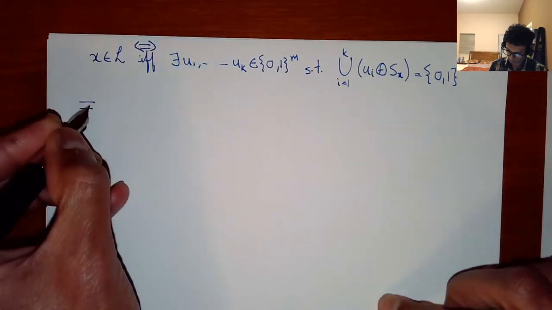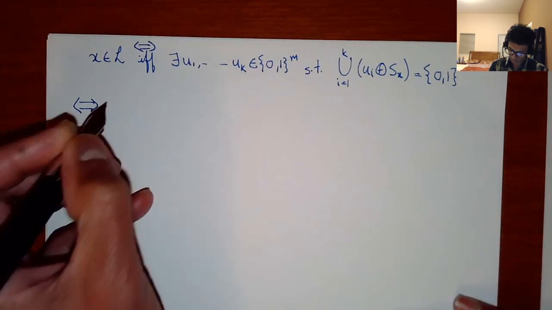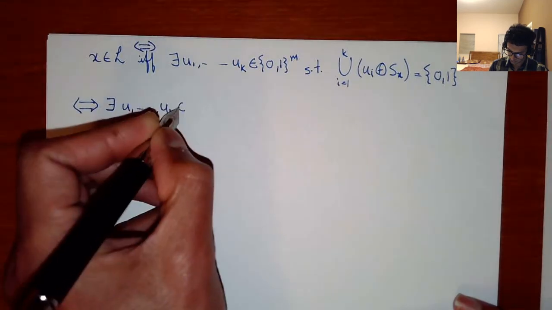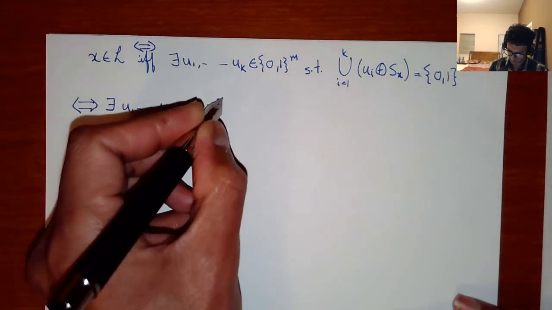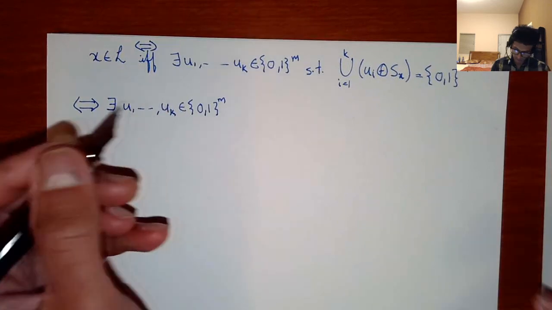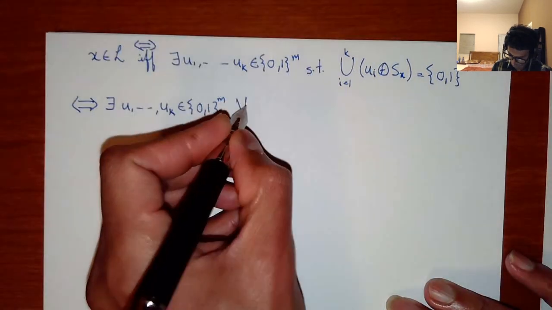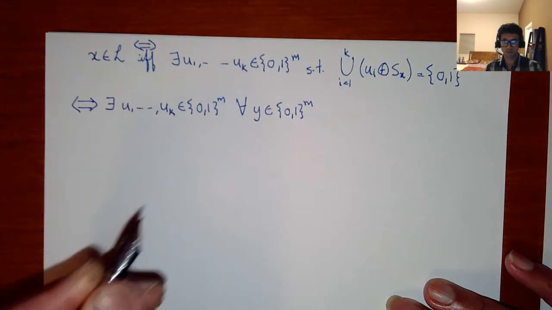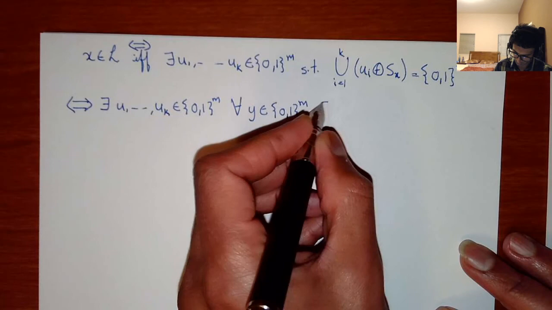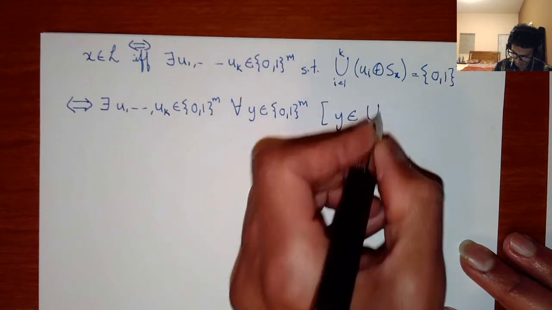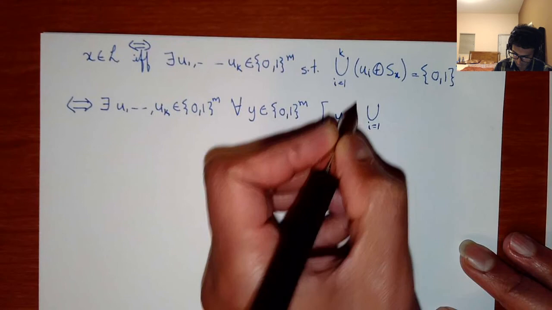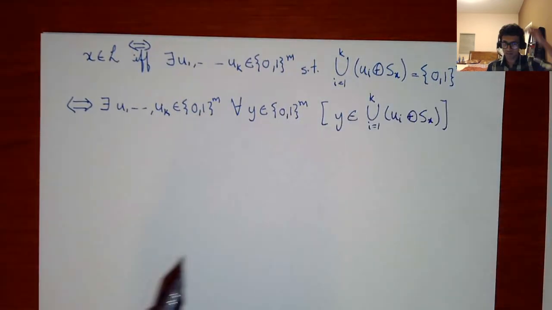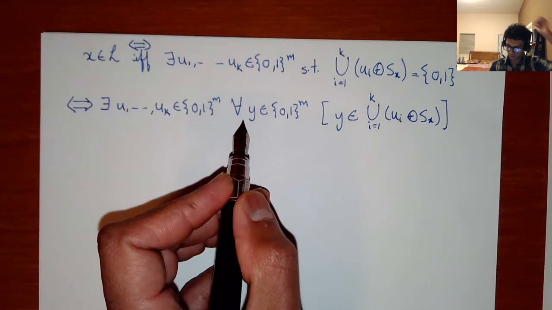So that is now equivalent just to saying there exists U1 up to UK in {0,1}^M such that for all Y in {0,1}^M, Y is an element of this union. I'm just rewriting this with another quantifier on Y.